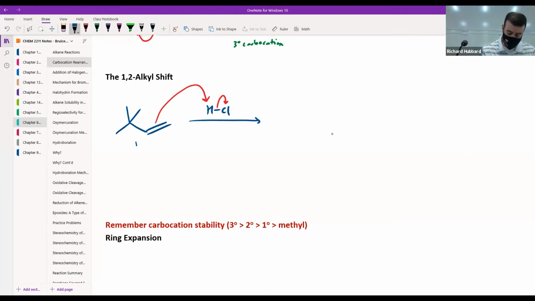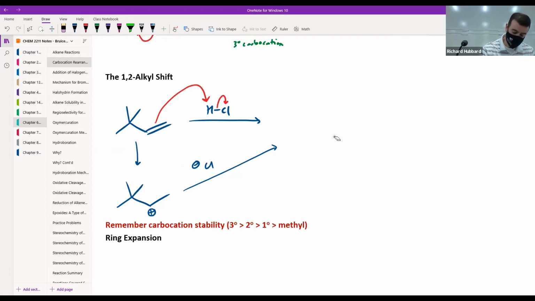The same answer that we asked before: which carbocation are we going to create? Well, the secondary, because that is the more stable of the 2 versus the primary. If I had my chloride come in and attack just like so.